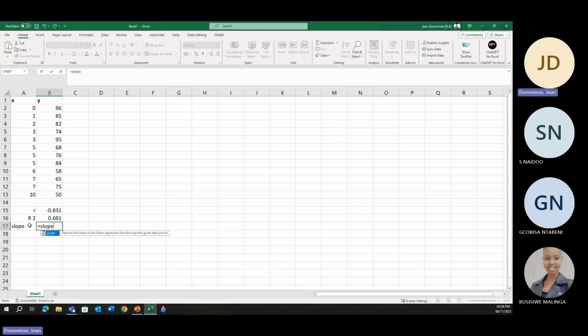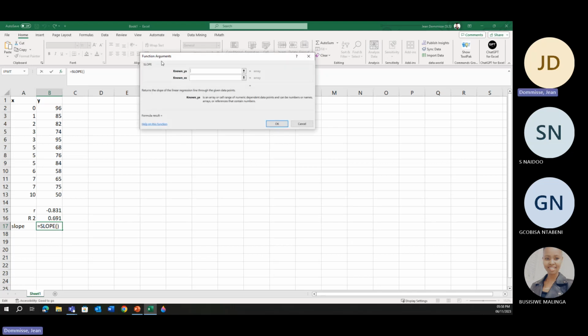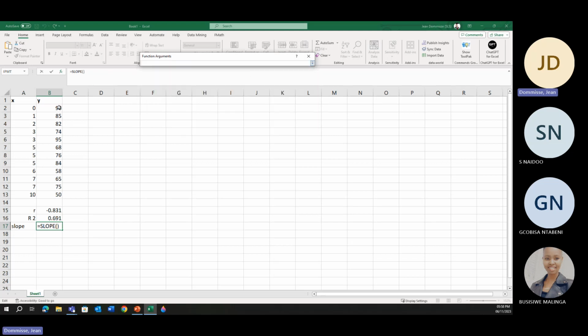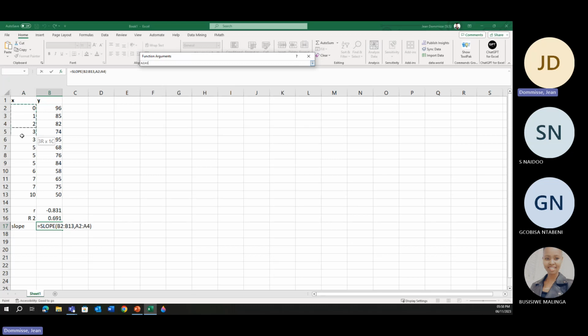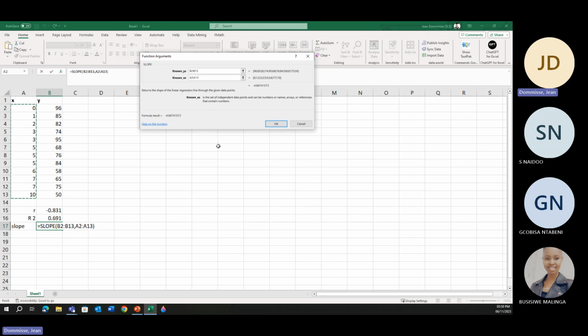So there is the slope function. And now important with a slope is it wants the y values first. Don't know why, but that is how Excel was set up. And the x values second. So when you do this on your calculator, it's normally x first, y second.